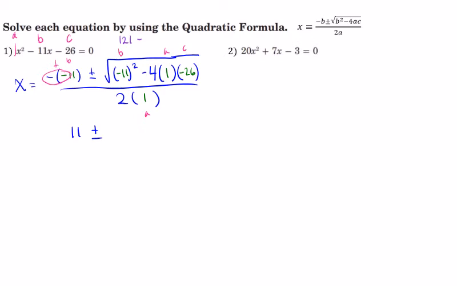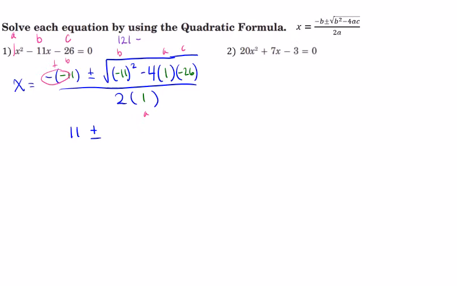Negative 4 times negative 26 is positive 104. So this actually becomes a positive 104, okay? Then 121 plus 104 is 225, right? So we take the square root of 225 and we get 15, okay?